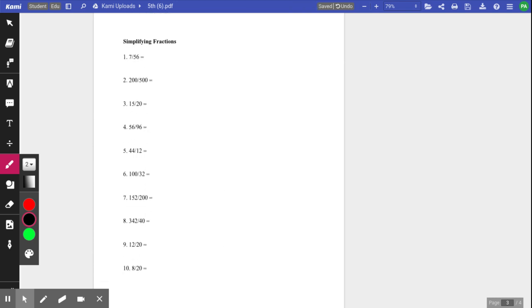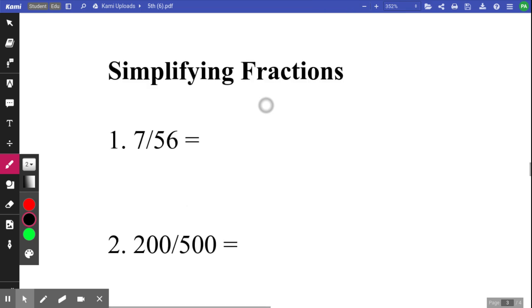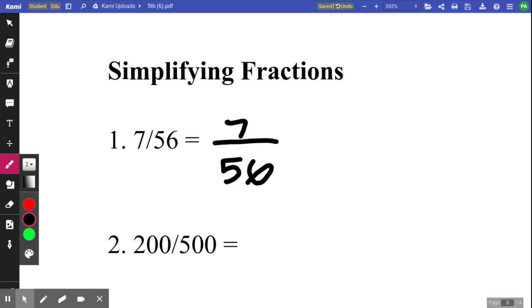Next, simplifying fractions. Simplifying fractions could be hard if it's a big number. However, all you essentially do is divide by numbers that both the numerator and denominator can go by. So let me explain. We have 7 over 56. We have to simplify this.